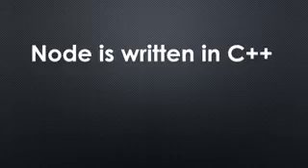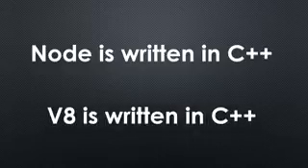It's a C++ program. And the reason why Node is written in that programming language is because V8, the JavaScript engine, is written in C++. V8, the thing that converts JavaScript to machine code, is written in C++. And so Node, which adds on to it, is also written in C++.